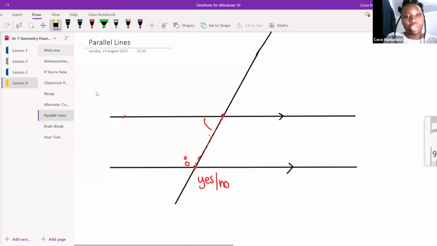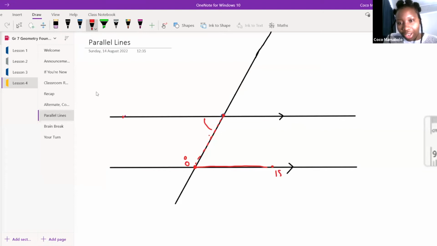Now, what I want you guys to do for me is take your protractor and put it over here, on this line over here where your 180 degrees is. That's okay, Spokukhe. And then measure this angle.